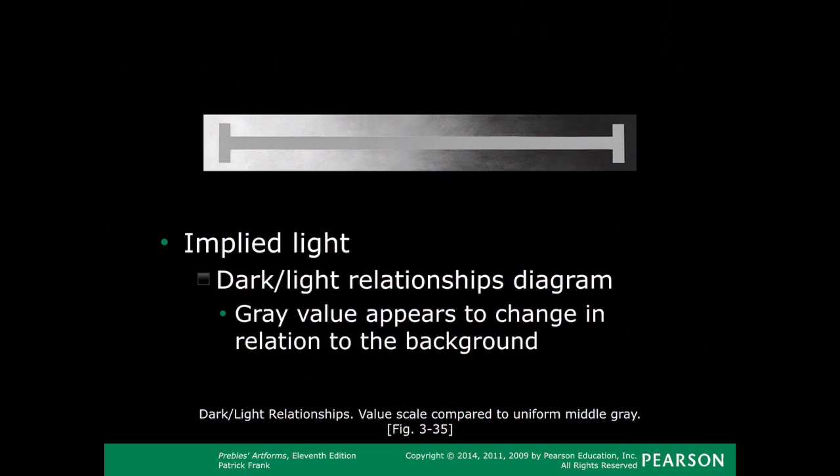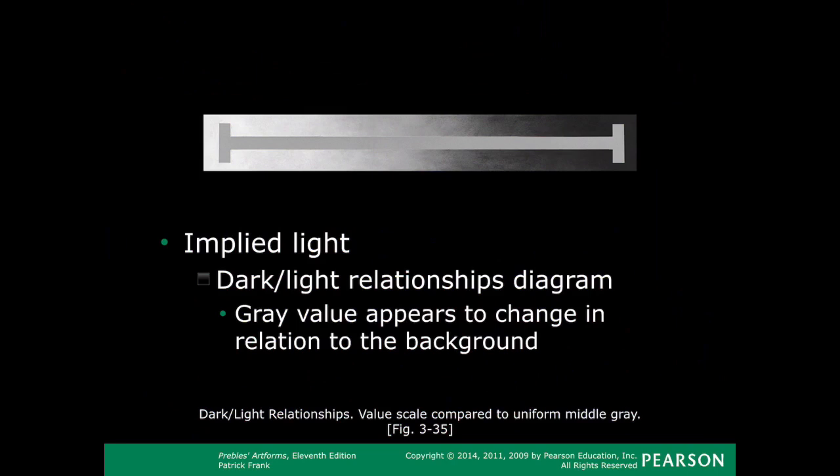We are looking at an example of implied light. You can see that the center line is of one particular shade of gray throughout the whole bar, and depending on the light and or the dark underneath it, it actually influences the way we see that middle gray.